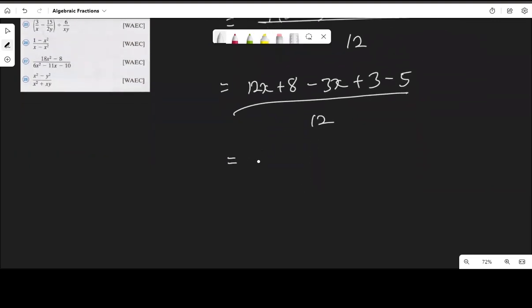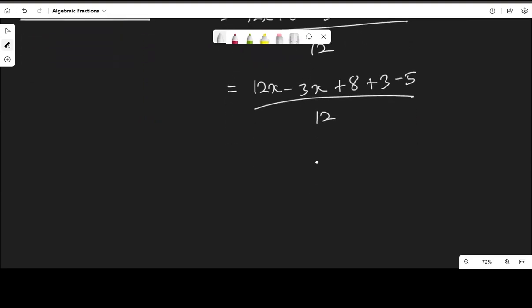Collecting like terms, we have 12x minus 3x plus 8 plus this 3 and minus 5 over 12. 12x minus 3x is 9x. 8 plus 3 is 11. 11 minus 5 is 6 over 12. 3 is common to this, so let's factor out 3. 3 into 9x divided by 3 is 3x.